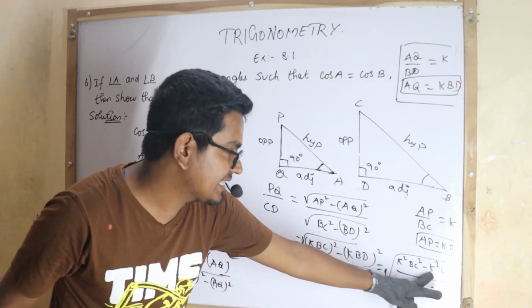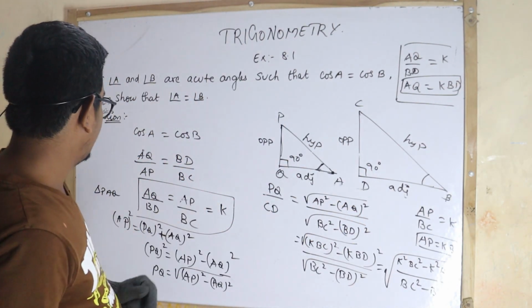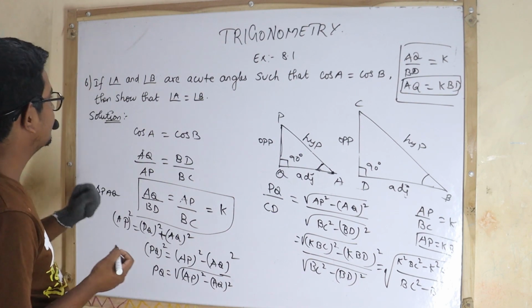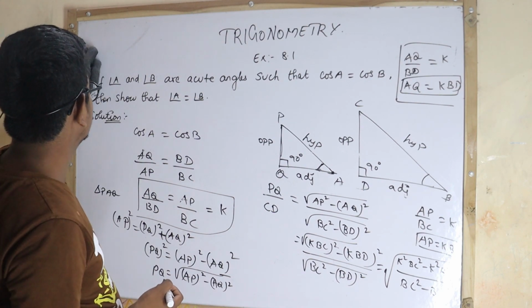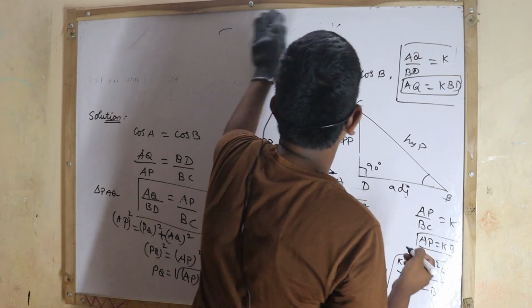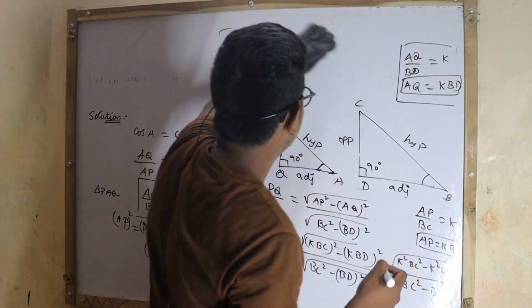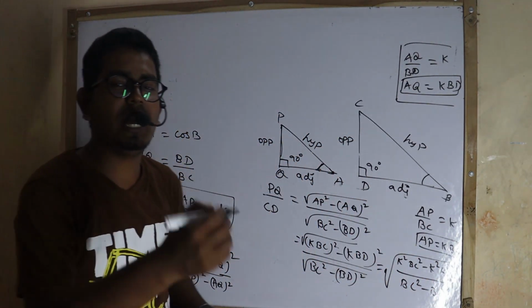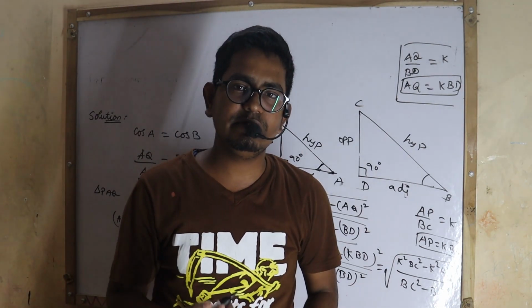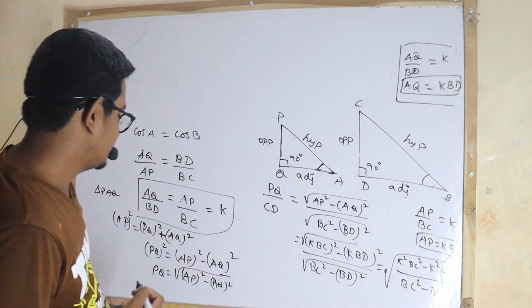So I am taking the K square outside. I'm just rubbing out the question here. What is our question? We should show that the angle A is equal to angle B. Right.